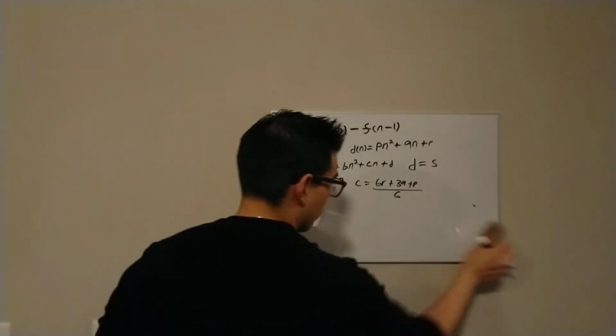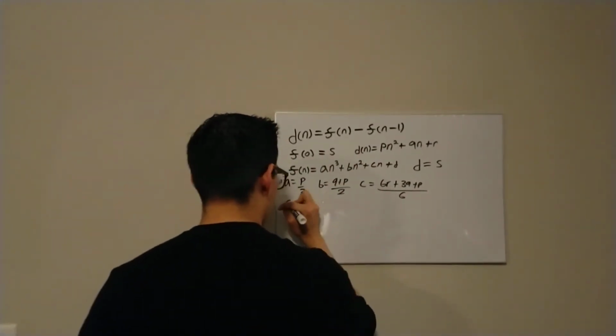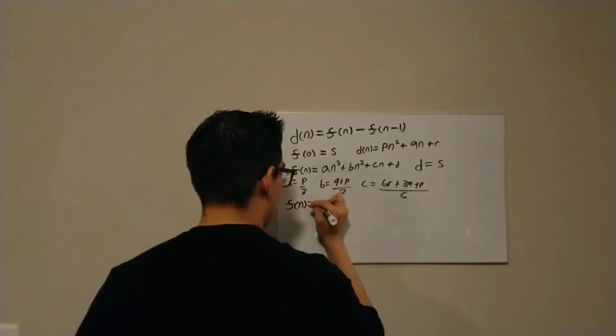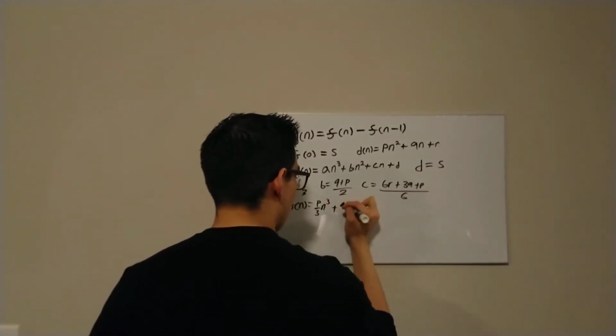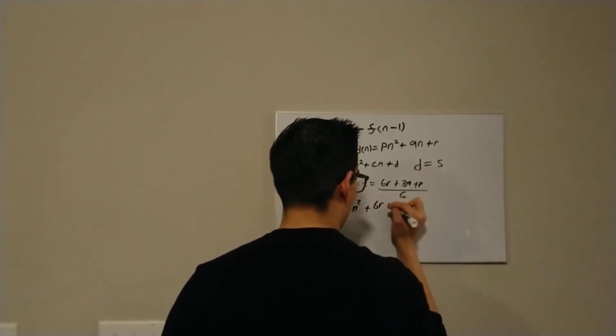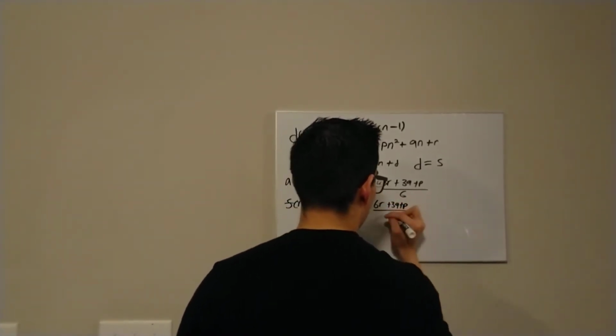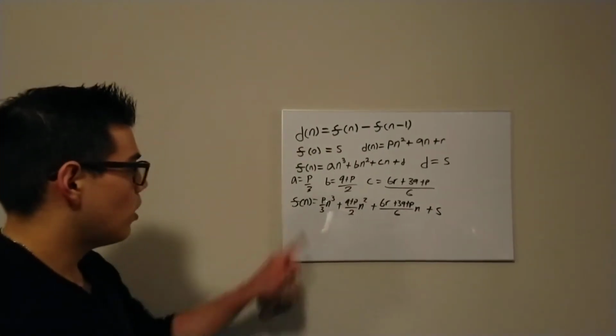So then we can substitute them into f of n. That means our value of f of n is equal to p thirds n cubed plus q plus p divided by 2 n squared plus 6r plus 3q plus p divided by 6 n plus s. That is our f of n.